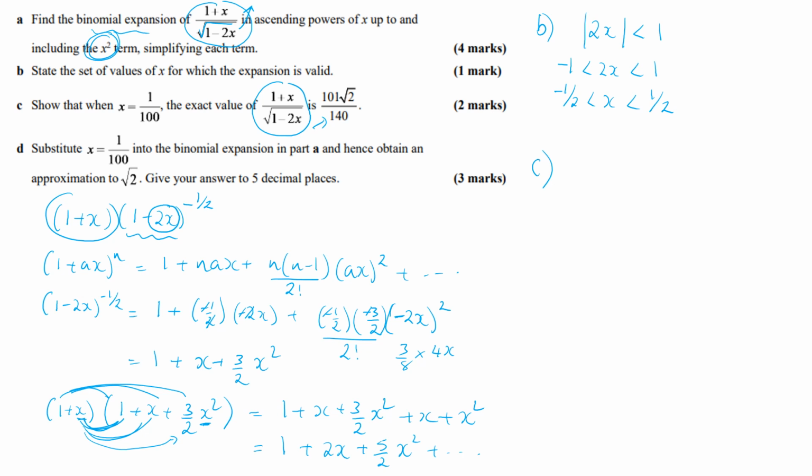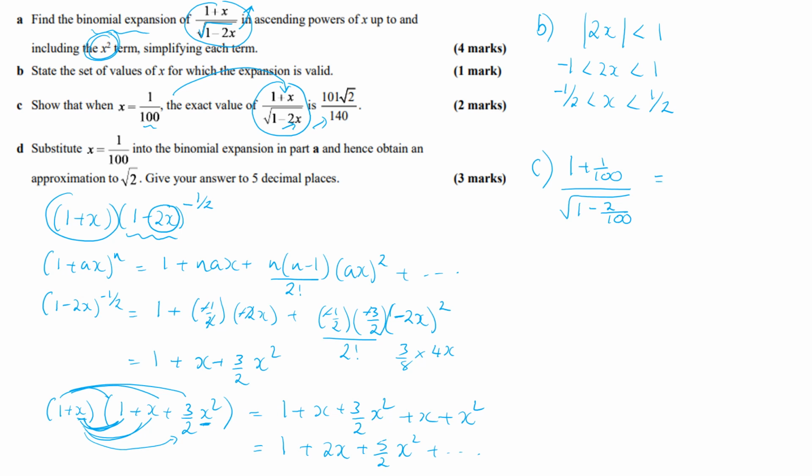So it's not asking us to put the 1 over 100 into our expansion, it's asking us to put it into this fraction. So you're going to have 1 plus 1 over 100, all divided by the square root of 1 minus 2 times 1 over 100, or 2 over 100.